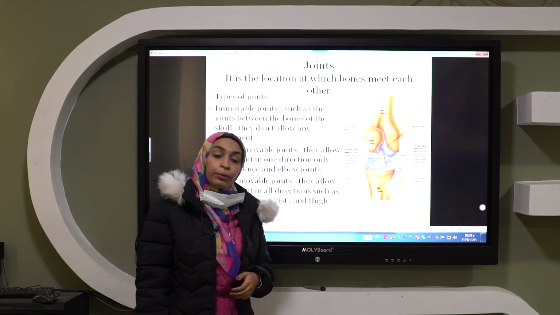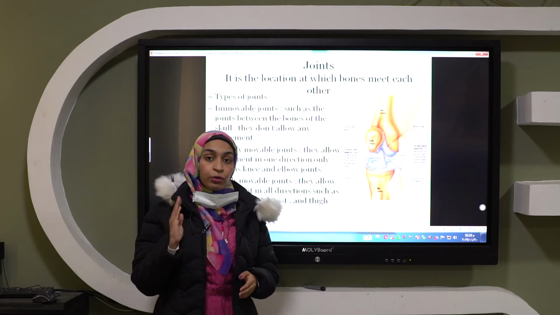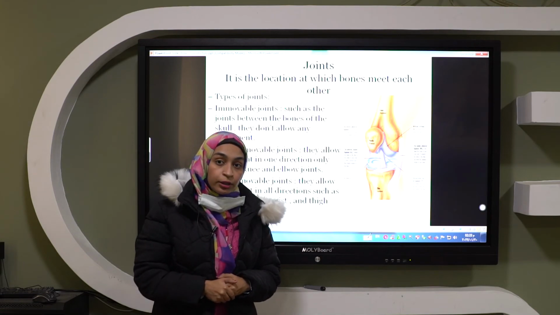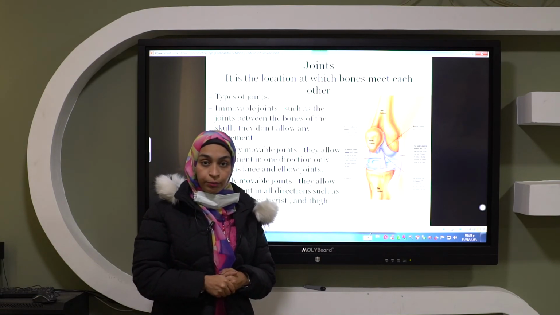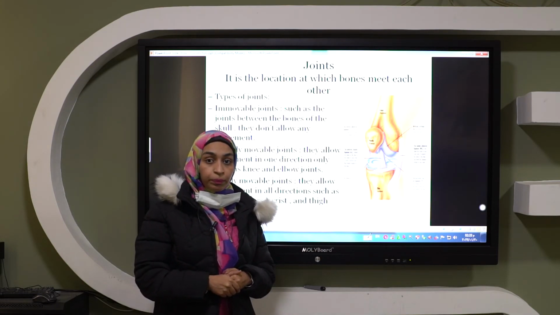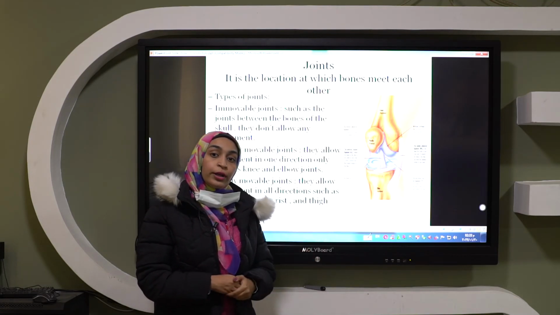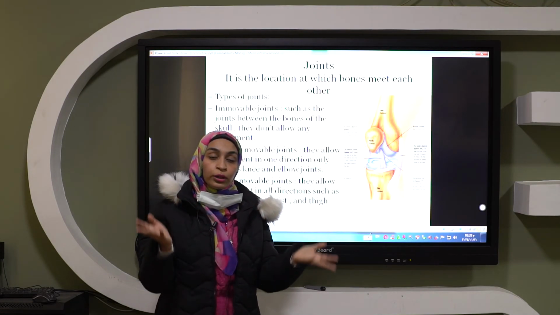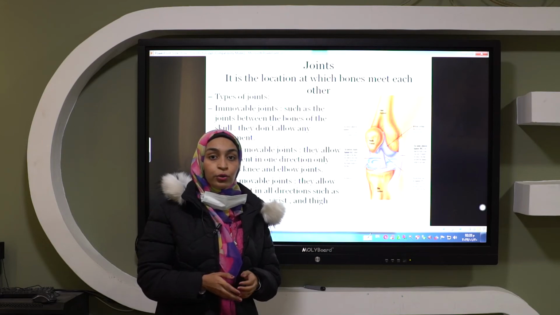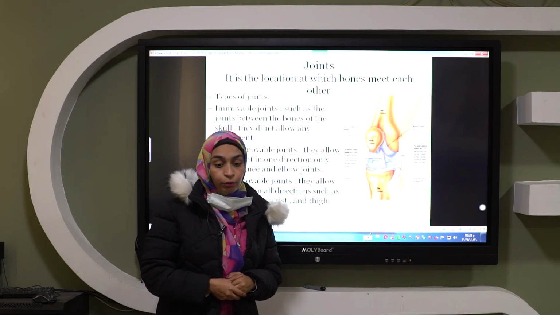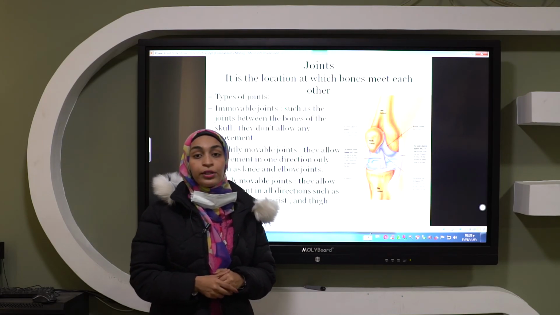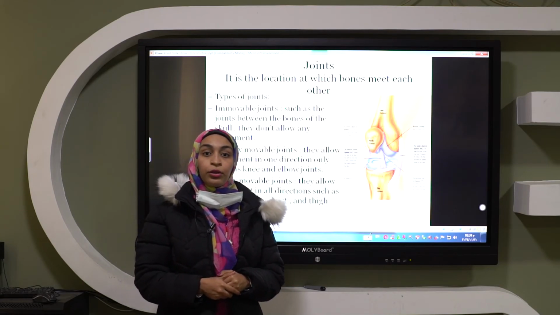A slightly movable joint, which allows movement in one direction only, like the knee and the elbow. And finally, the freely movable joints, which can move in all directions, like the shoulder, the wrist, the thigh, or the hip.